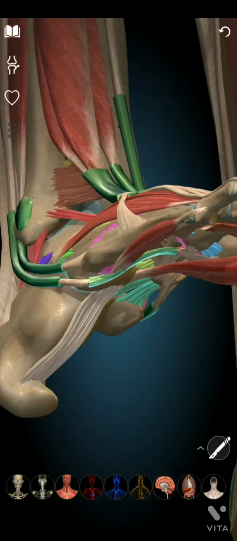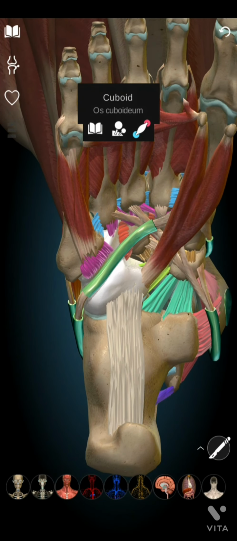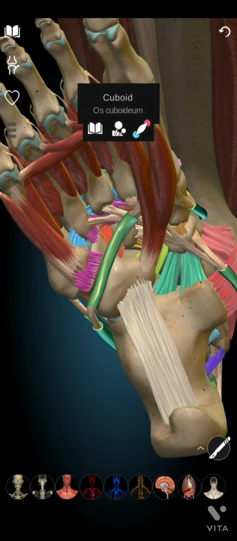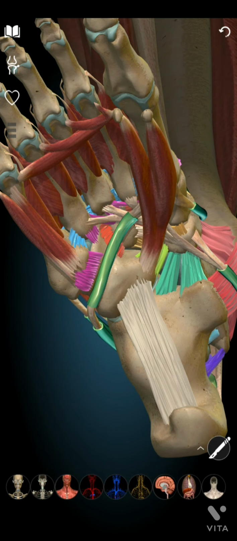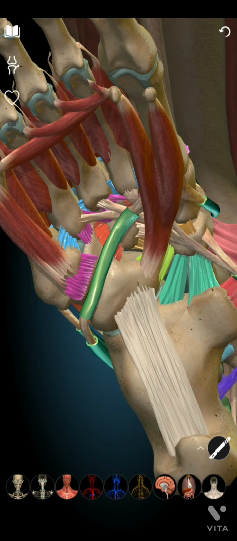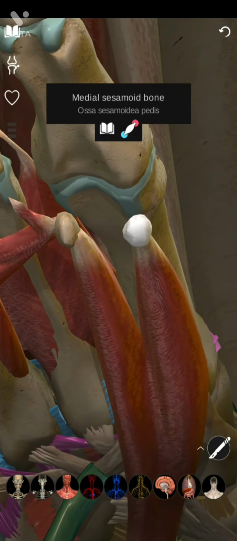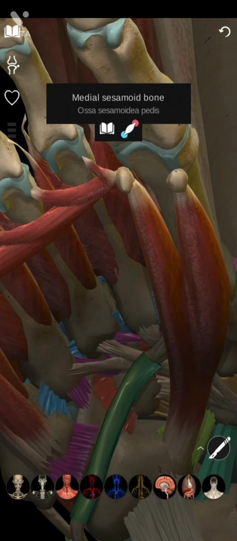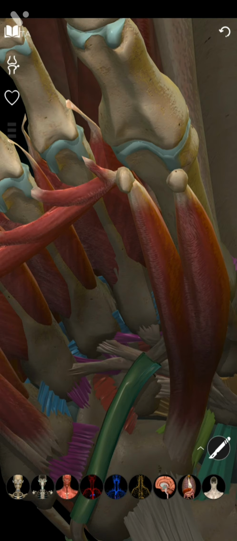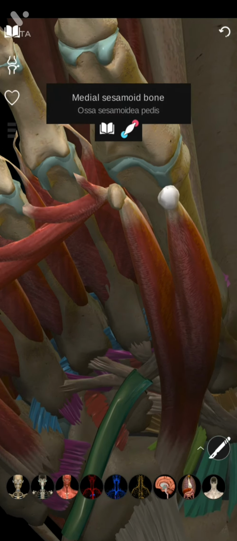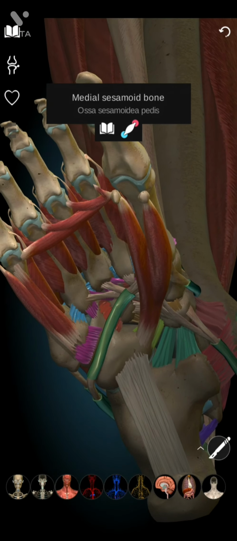Below it will be the cuboid. It originates from the cuboid bone and inserts on the hallucis. You might get confused about what these things are: they are just ossifications. The tendons over here get ossified into sesamoid bones. Don't worry about that.